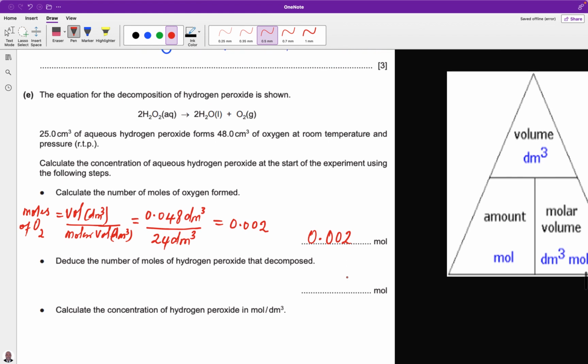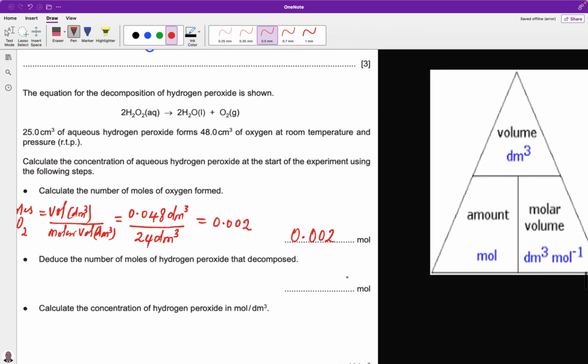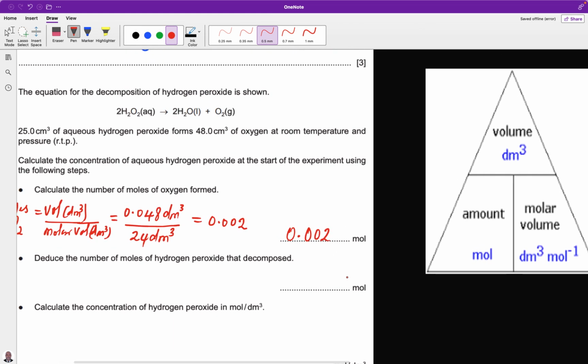Now, using this formula, deduce the number of moles of hydrogen peroxide that decomposed.